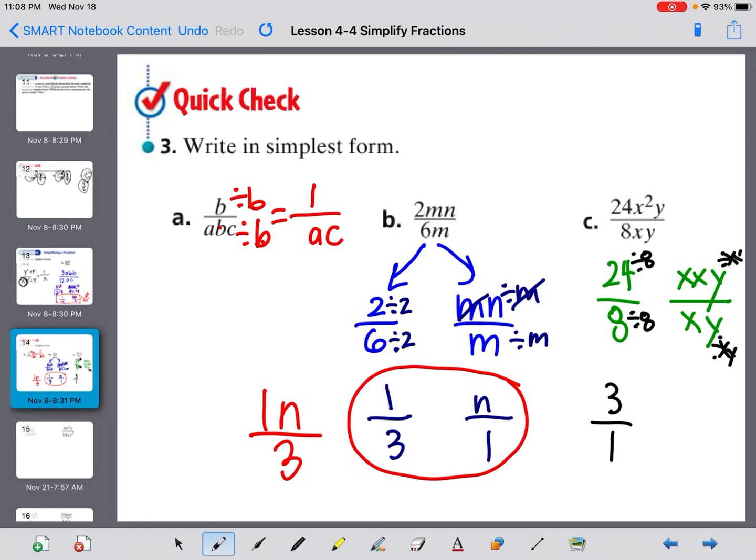What do they have in common? xy. What's xy divided by xy? 1. What's xy divided by xy? Just x is left.